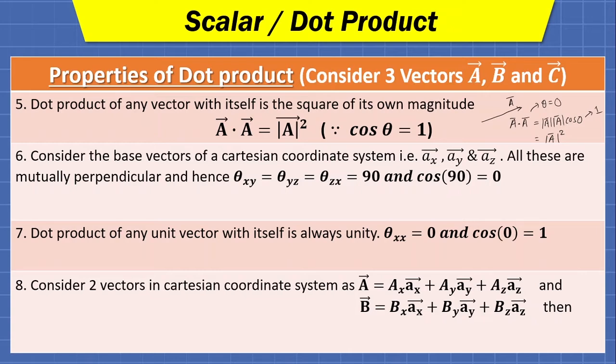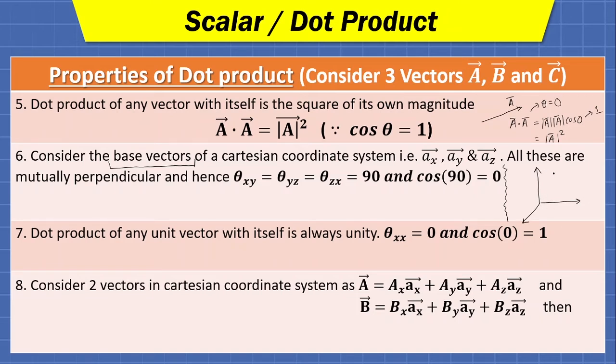Now consider the base vectors of a Cartesian coordinate system, that is ax bar, ay bar and az bar. Here at this point we need to understand the meaning of base vectors. Fine. So any coordinate system can be defined as a standard coordinate system if its principal axes make a 90-degree angle with each other.